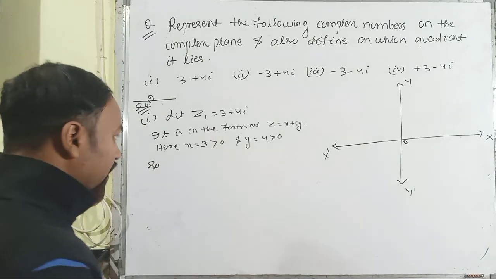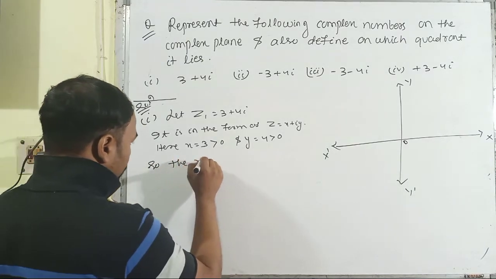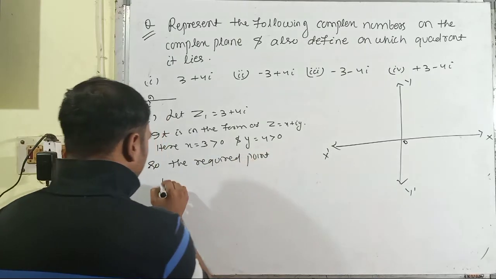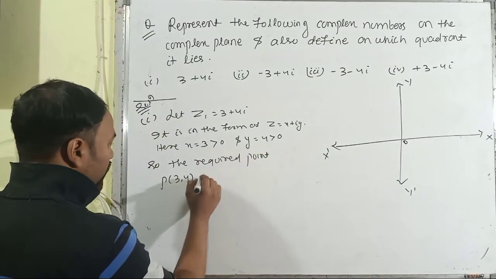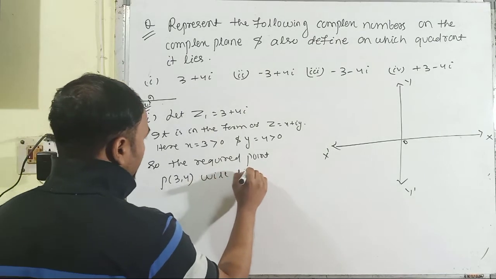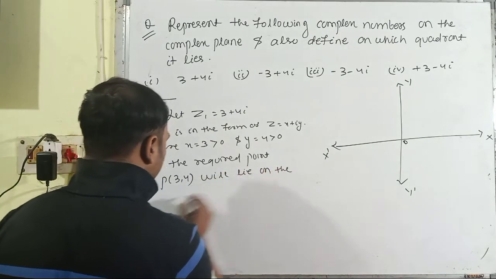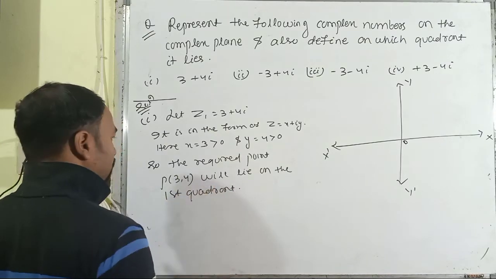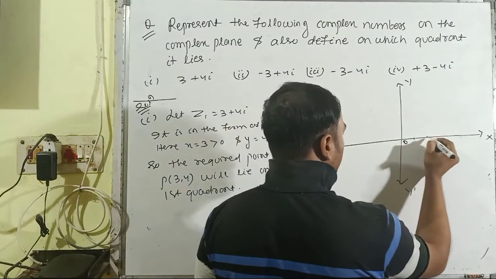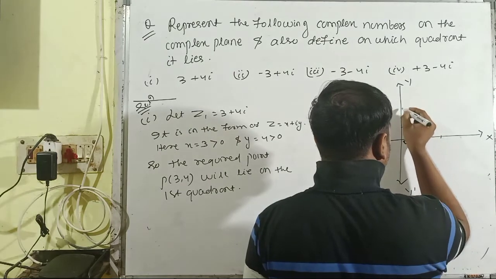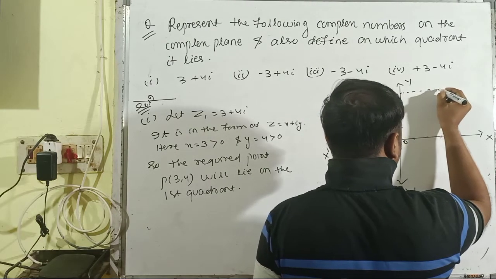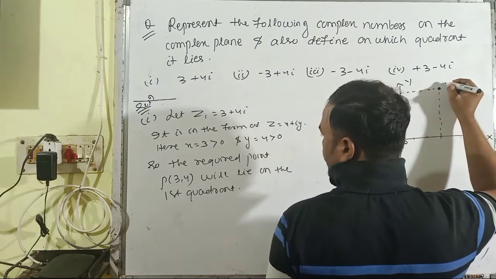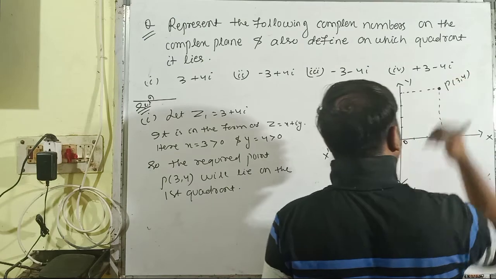So the required point P(3, 4) will lie on the first quadrant. Here it is 1, 2, 3, 1, 2, 3, 4, and here it is the point P(3, 4).